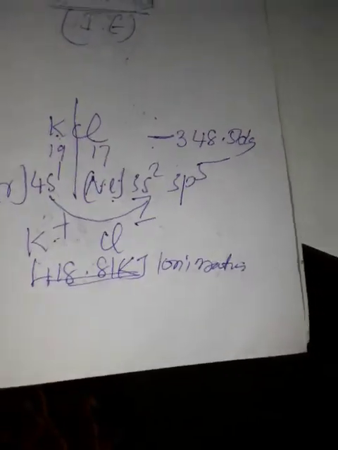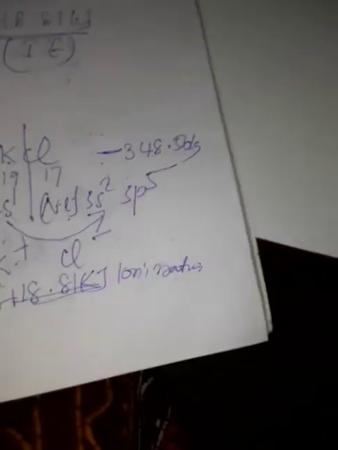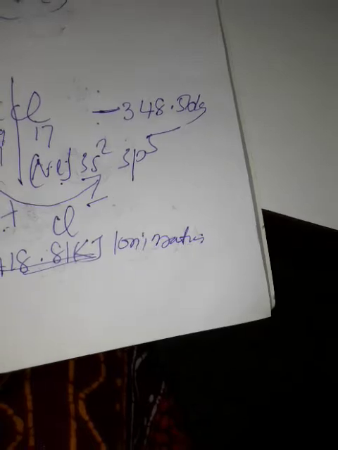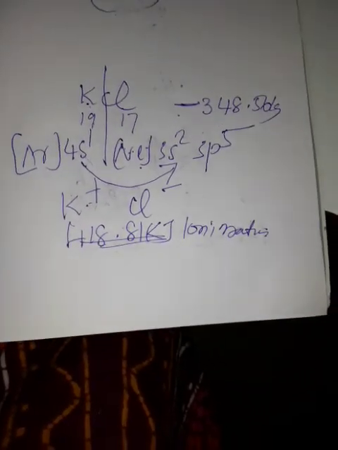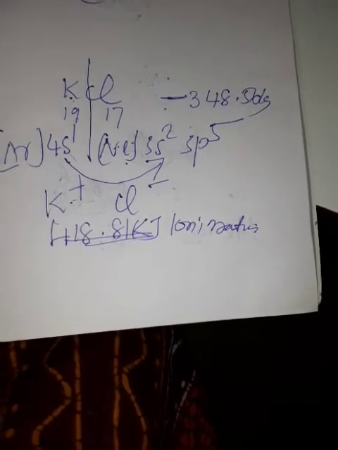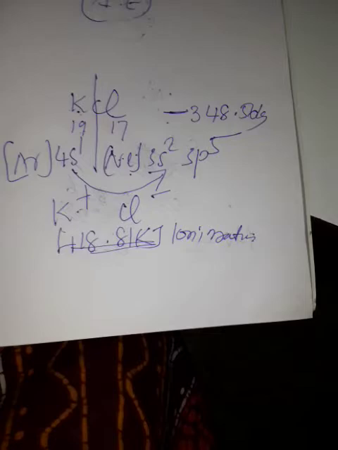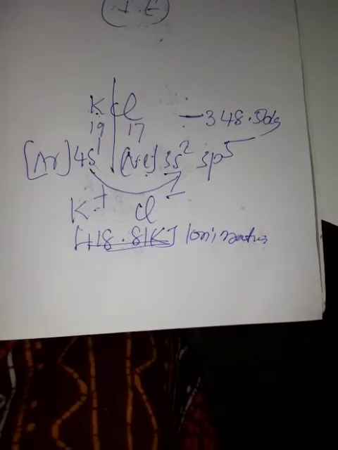So chlorine getting that electron becomes negative. That is called electron gain enthalpy or electron affinity. Electron gain enthalpy means the energy change on gaining an electron. So chlorine is gaining that electron, potassium is losing that electron.